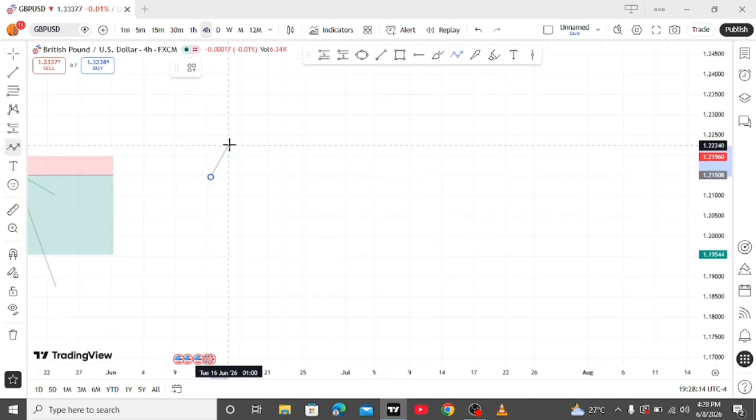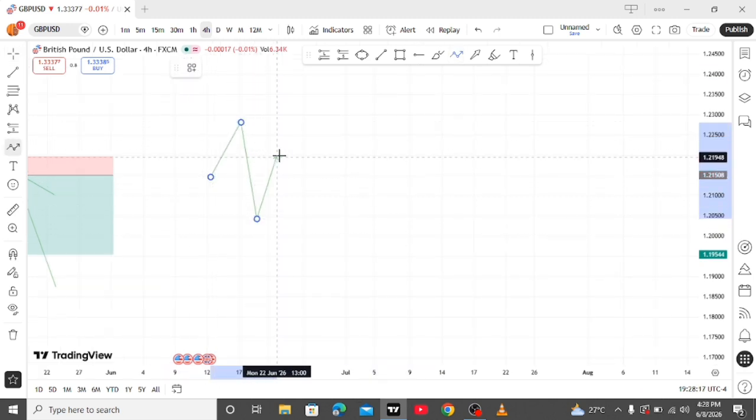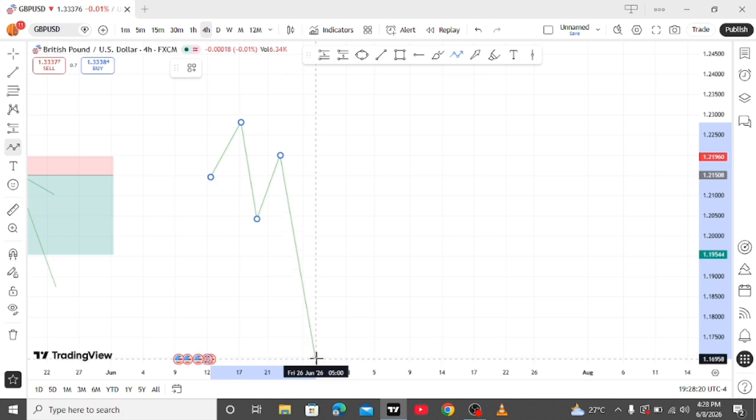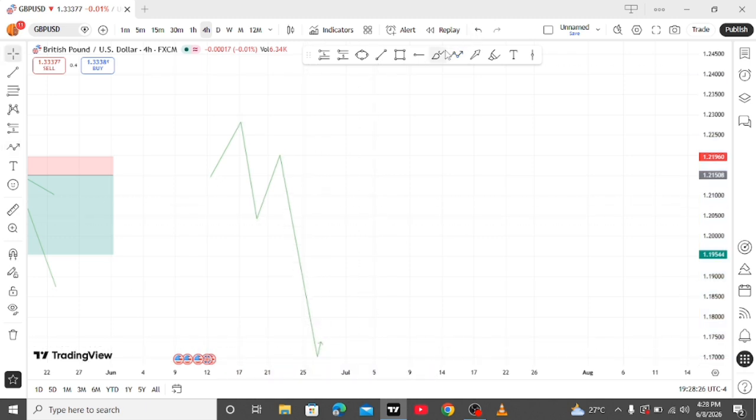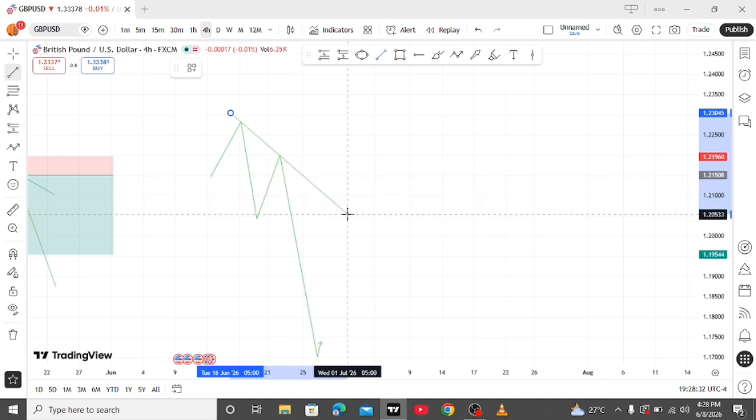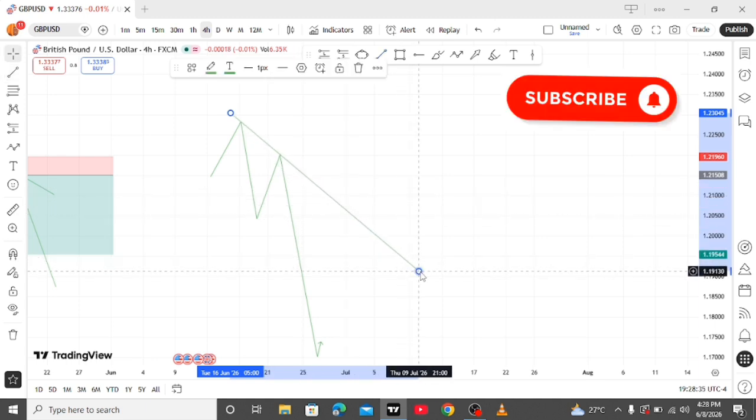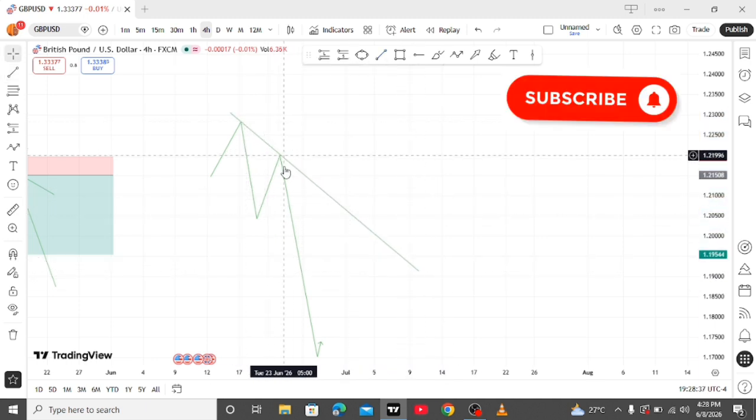Sometimes the market may do something like this, goes down and then to the downside. And this is where we mark out our trend line, giving us these two touches, first touch and the second touch.